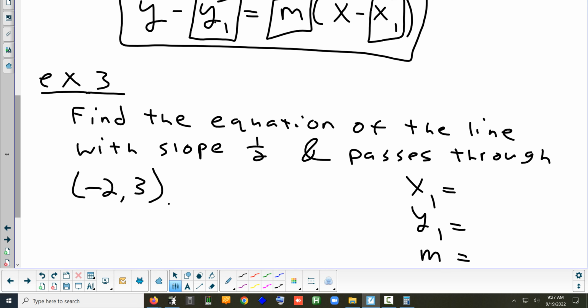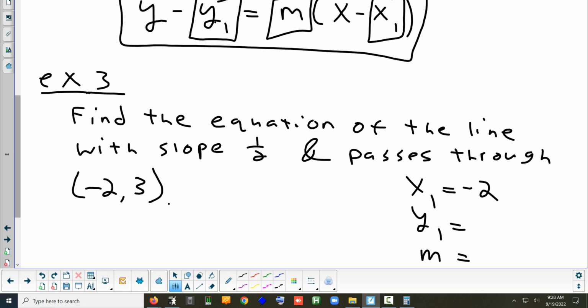Okay. What is x1 in this case? Well, Maddie, what's x1? Yep, that's the x value of the coordinate they give you.